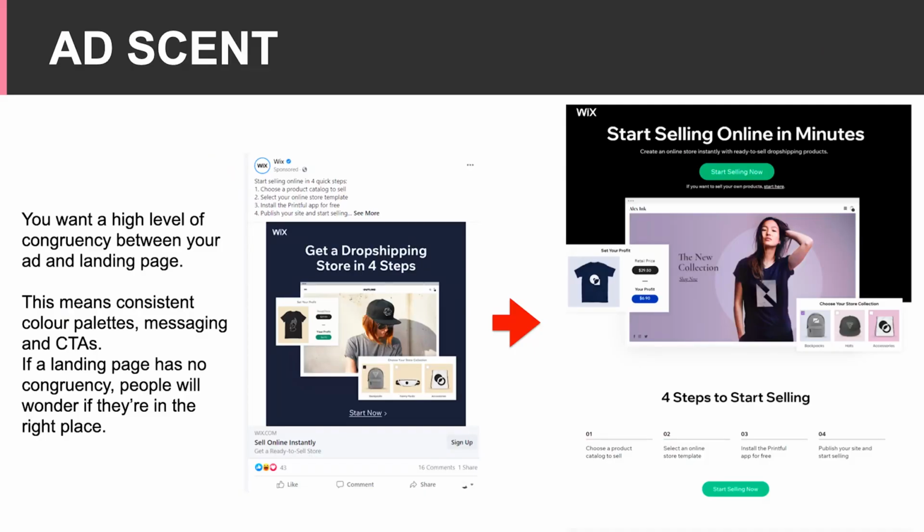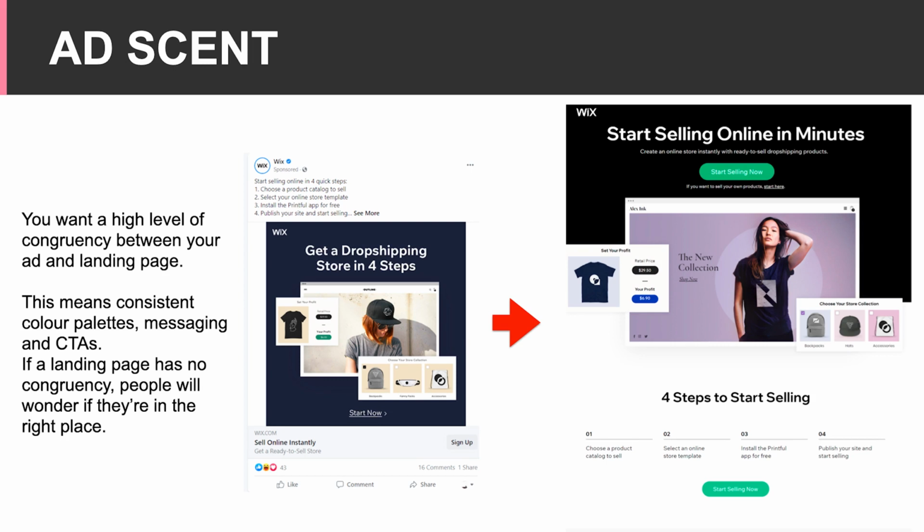When you're creating your ad campaign, there's one more thing that I absolutely need you to remember, and it's a concept called ad scent. This means that there needs to be congruency along the customer journey between the ad they're seeing and the page that they arrive on. So you want the colors, the fonts, the messaging of the ad to match the colors and fonts and messaging of the landing page that they arrive on.